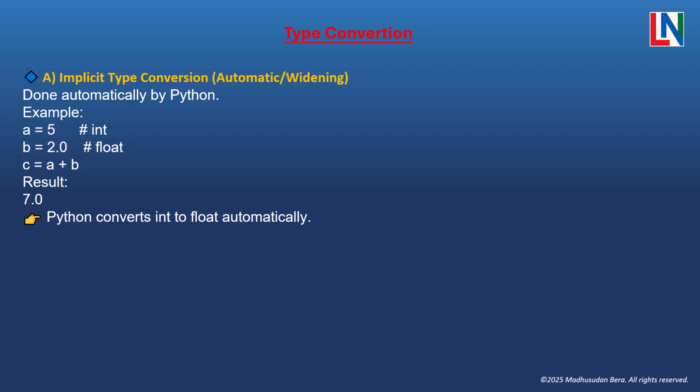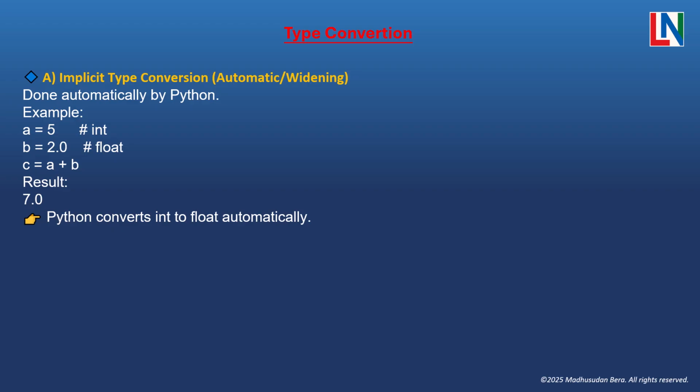Here 5 is treated as integer. Next one is b equal to 2.0, a float. c equal to a plus b. It will give result 7.0.